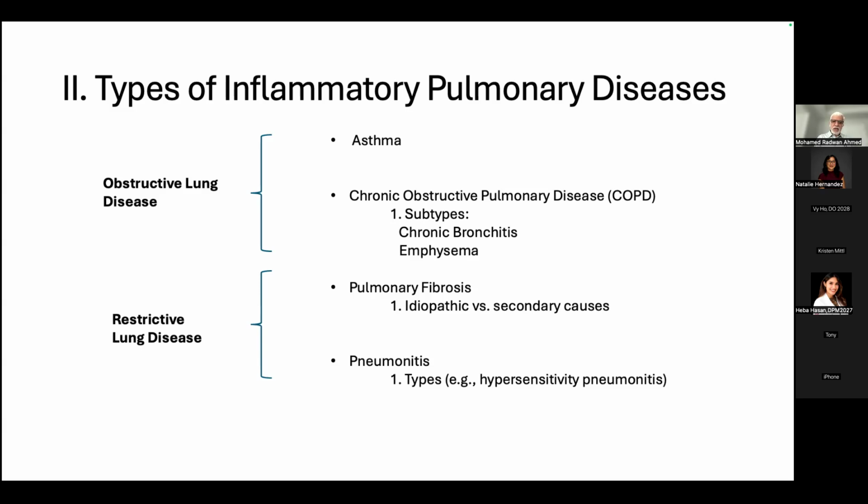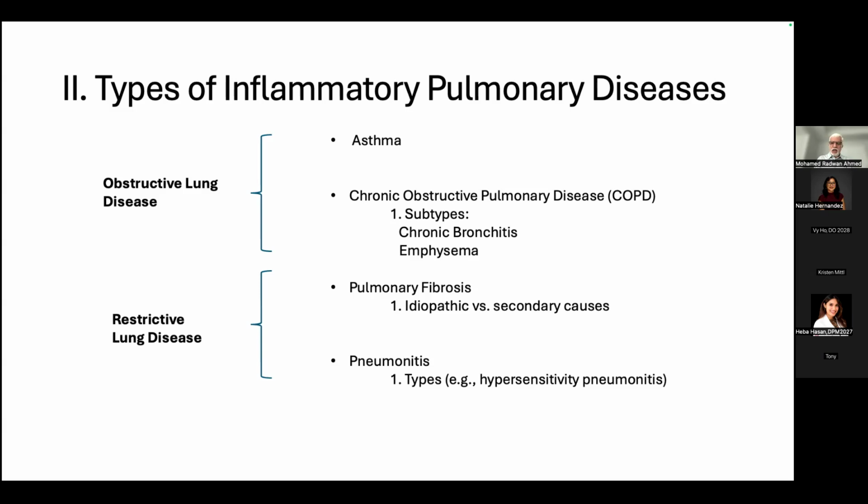Restrictive is mainly the fibrosis. We call them interstitial lung diseases, and they are characterized by fibrosis. They have different types. Pneumonitis due to hypersensitivity. Again, hypersensitivity and allergy is an extrinsic cause of disease.